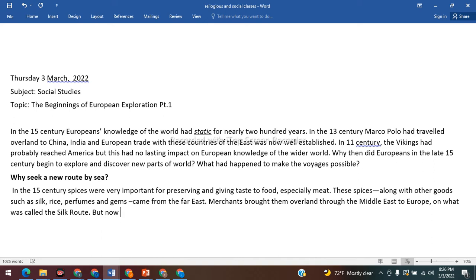But now this route had been closed to European merchants by the arrival of, anyone remember? The Ottoman Turks. Very good. Wow, Kennedy, that's some serious memory.